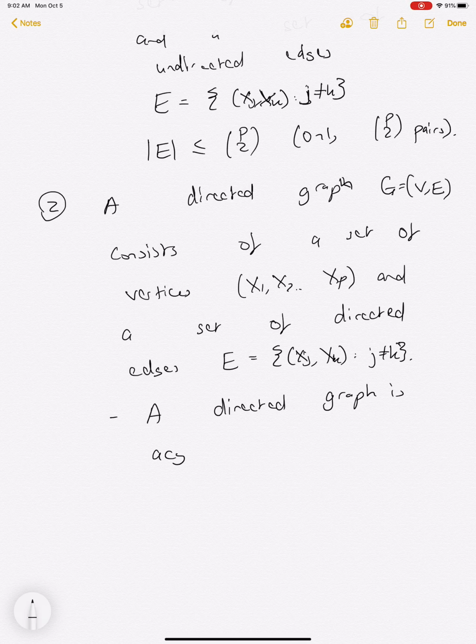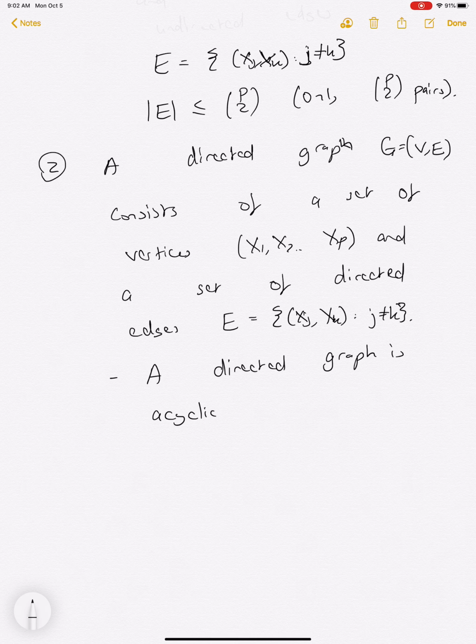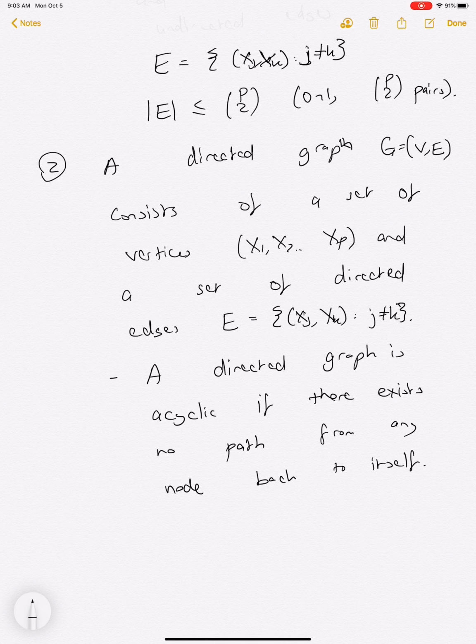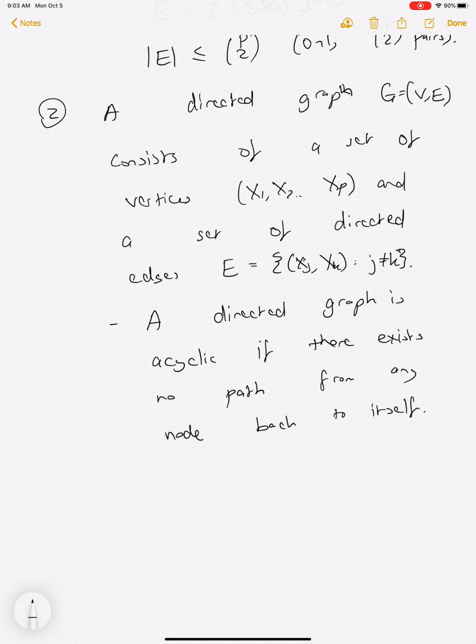It is acyclic, because this is going to be a very important definition, if there exists no path from any node back to itself. Okay, so I haven't actually defined explicitly what a path is.